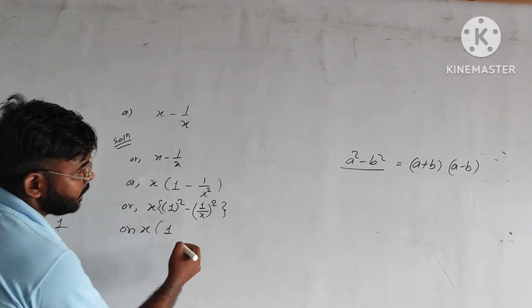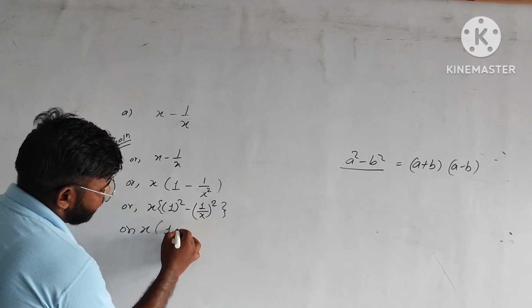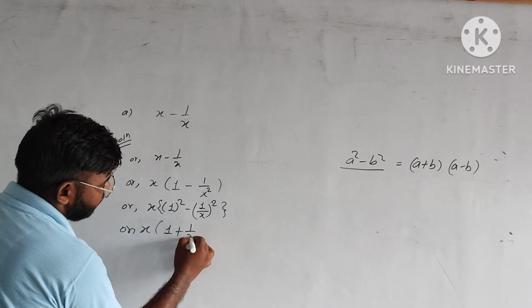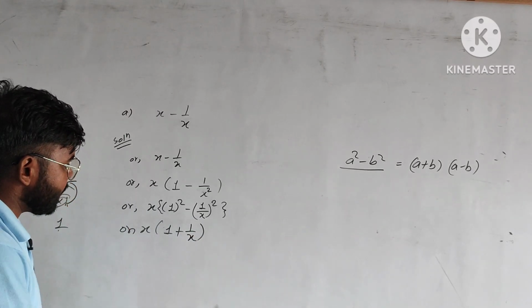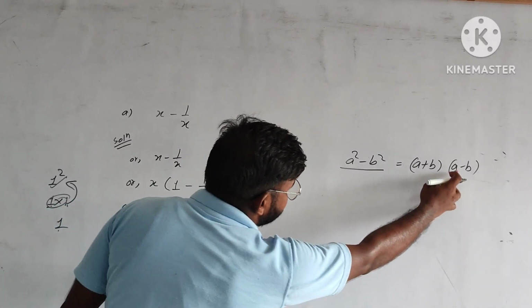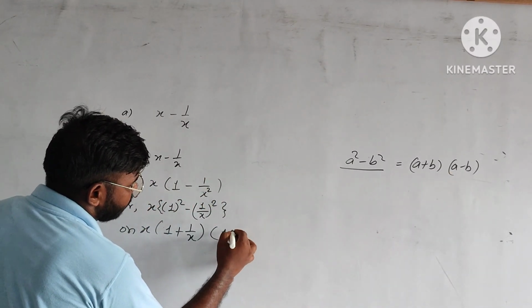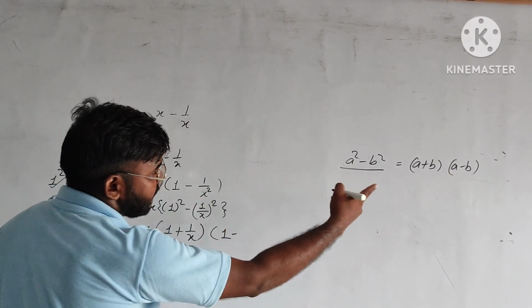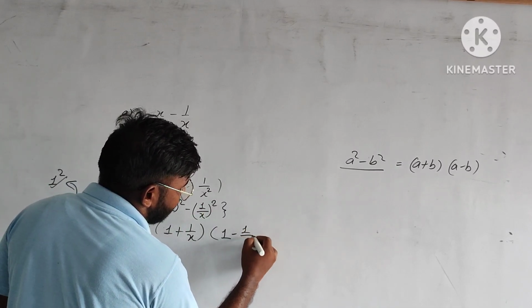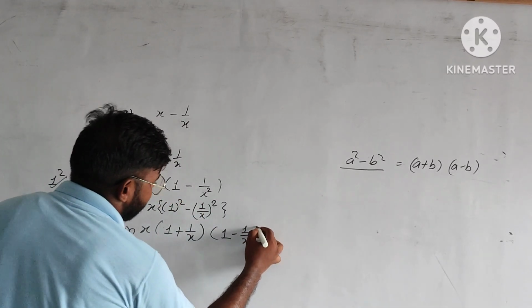So 1, and then according to the formula, plus, and 1 by x. This is the first thing. And now the second one, there is 1, and here there is minus sign, so we put minus here, and b is 1 by x. So 1 by x, and now bracket close.